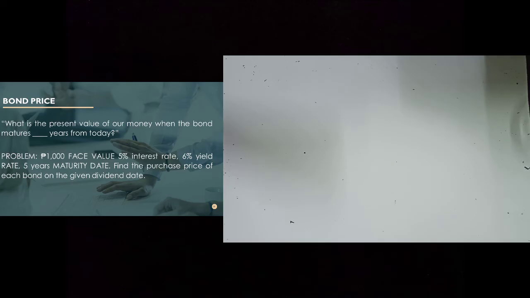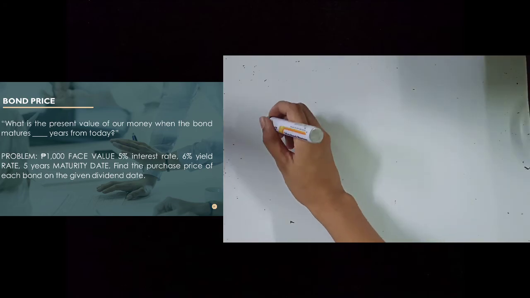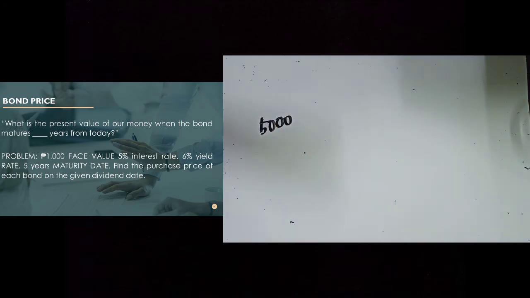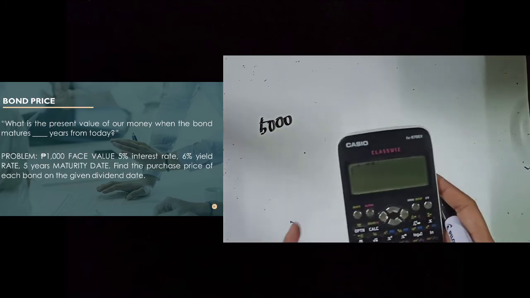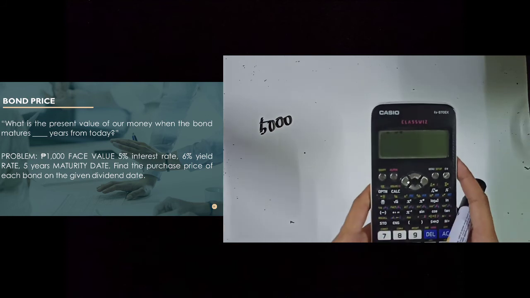So, paano pag sinabi nating bond price? So, for example, nabili mo yung bond sa halagang 5,000 pesos. Okay? And yung sa bond na yon ay tutubo or mayroong coupon rate na 2%.